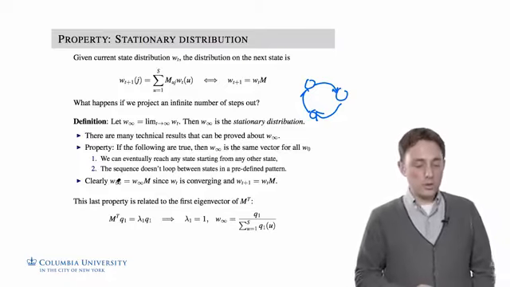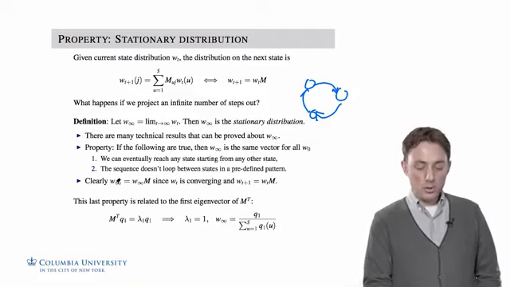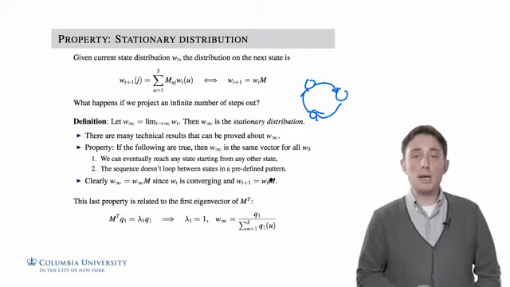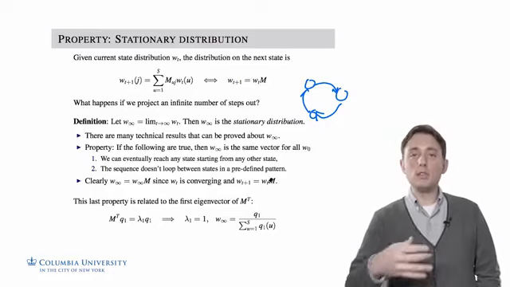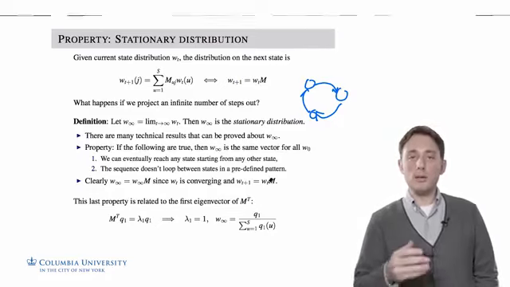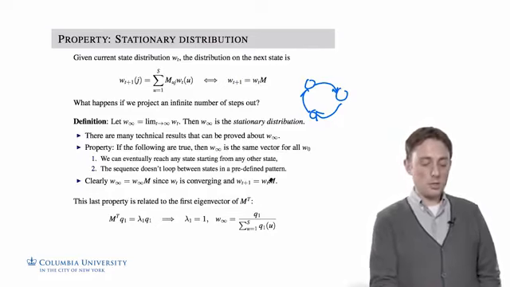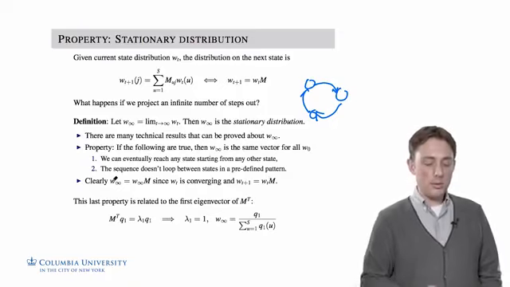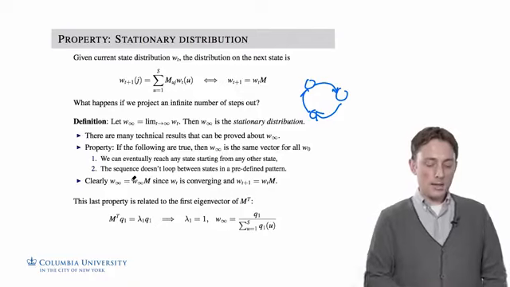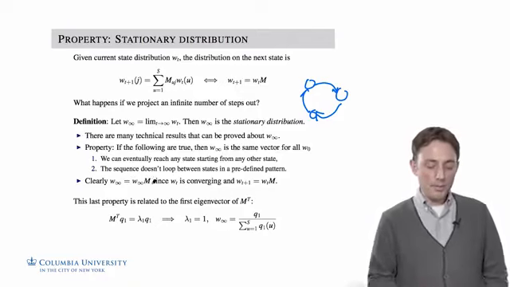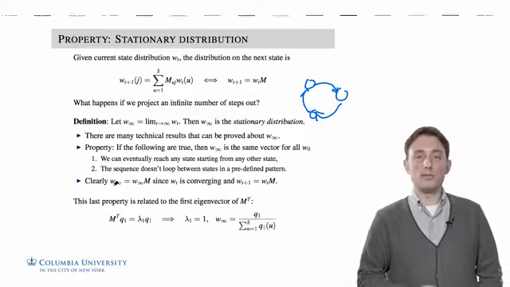So if we have converged to a stationary distribution, and we've shown this representation where wt plus 1 is equal to wt times M, and wt is converging as t goes to infinity to a vector called the stationary distribution, what that means is that w infinity is a vector with the property that if we take w infinity times M, we get w infinity back.